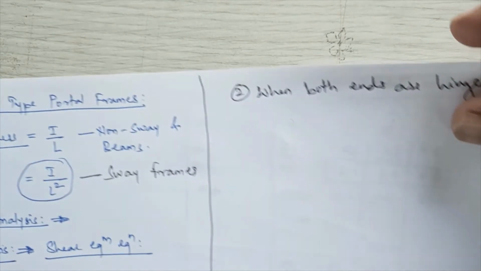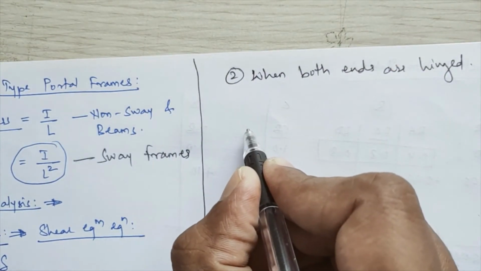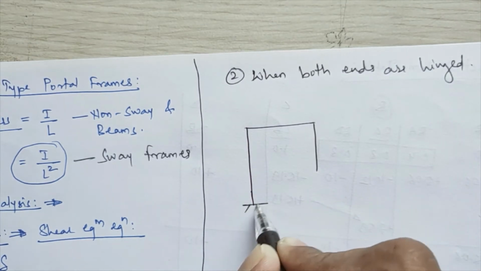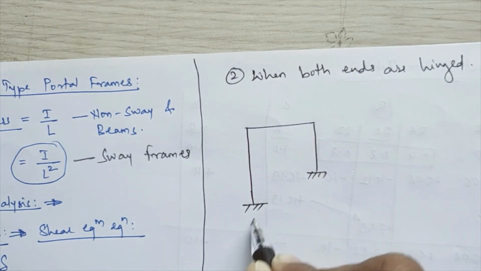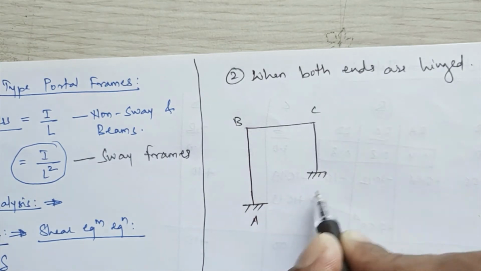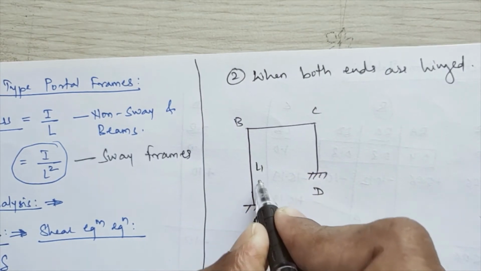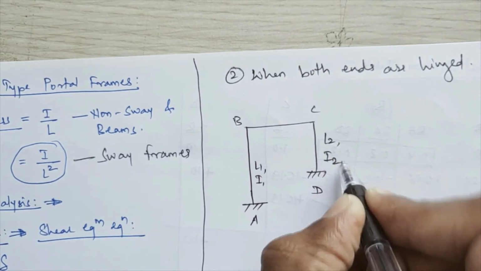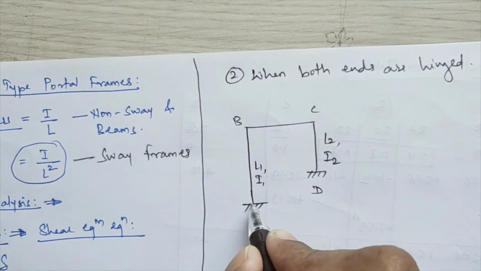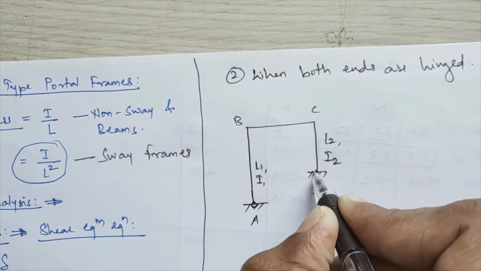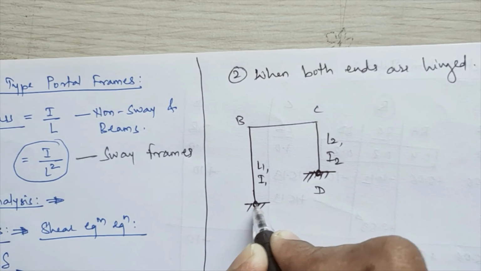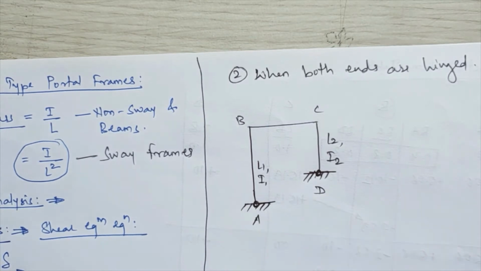Again I'll draw the same diagram over here: A, B, C and D. The length of the first column is L1, its moment of inertia is I1, the length of the second column is L2, and its moment of inertia is I2. And here you have to introduce hinge supports. So I have introduced one hinge support at point A and one at point D.